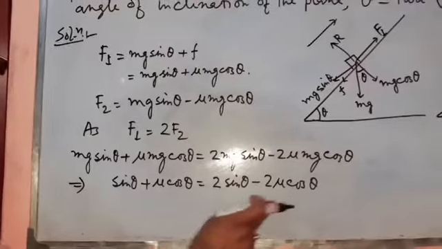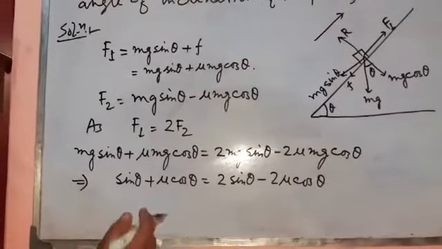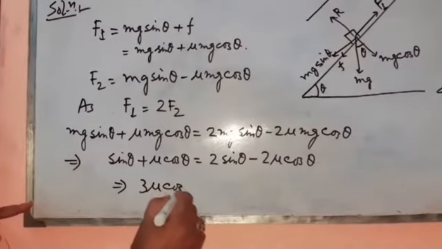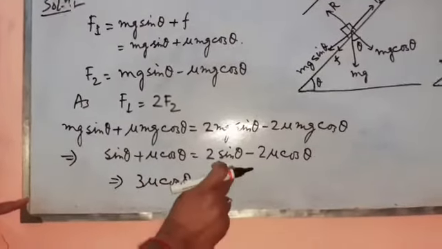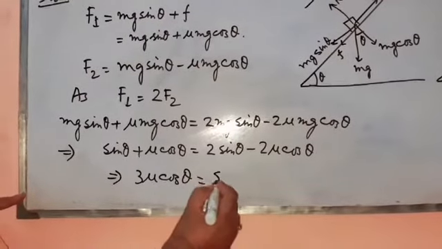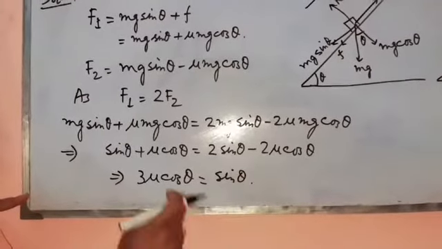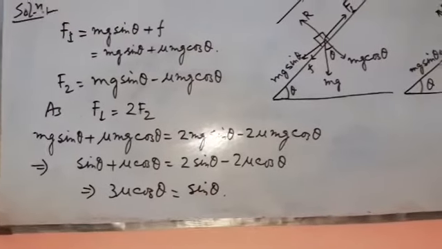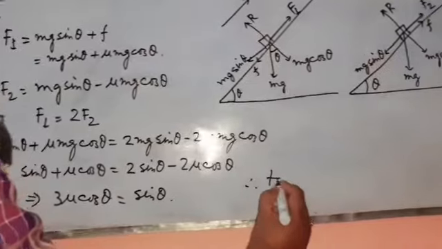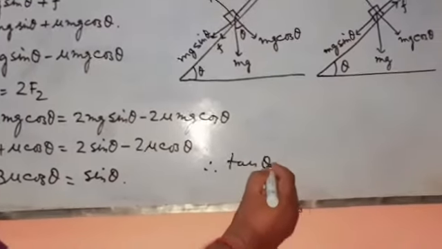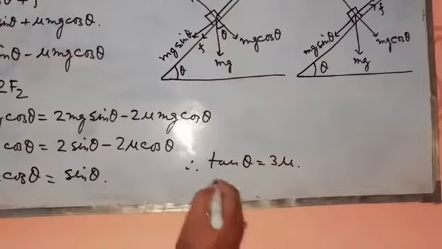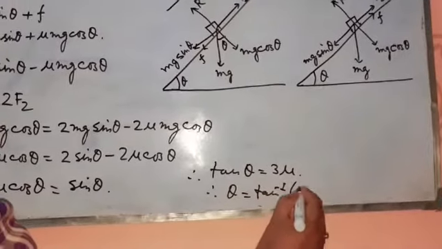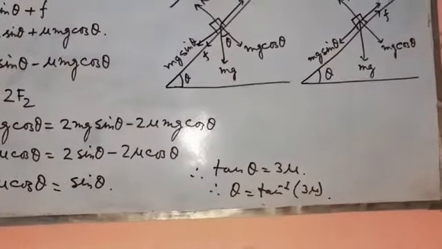Now if we take this portion across, we get 3 mu cos theta equals sin theta. Now sin theta by cos theta means tan theta. So tan theta equals 3 mu. Therefore theta equals tan inverse 3 mu. So proved.